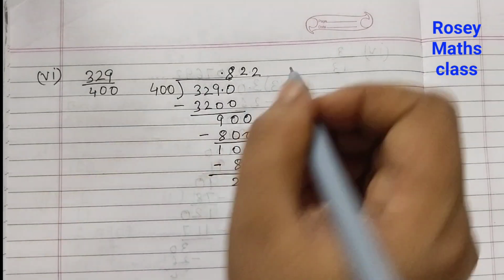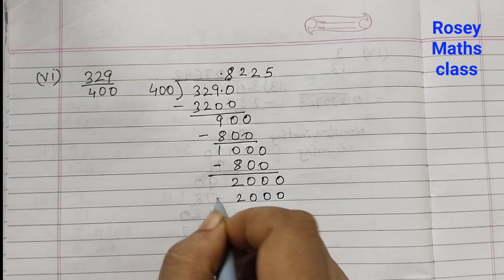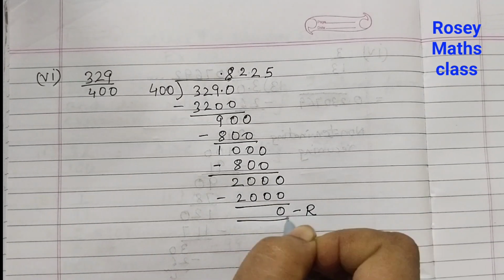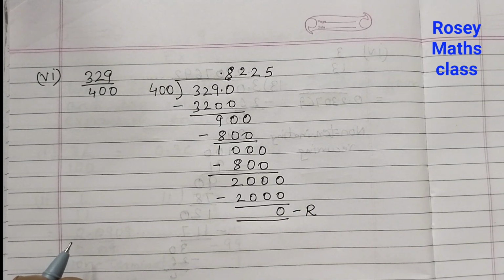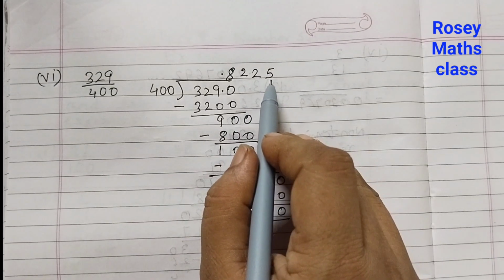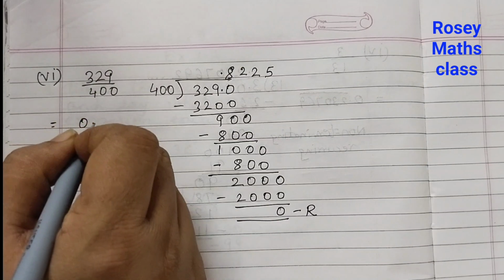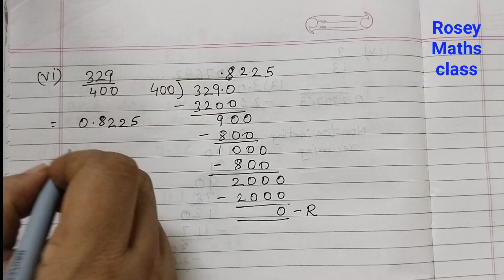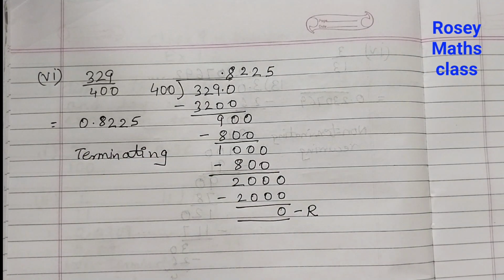So 400 into 5 is 2000. 0. We got the remainder as 0, which means this is a terminating decimal expansion. It will not continue after this. The division ends here. 0.8225 and it's terminating. Well, that's all for today. See you in the next video.